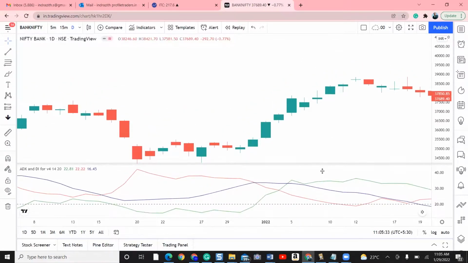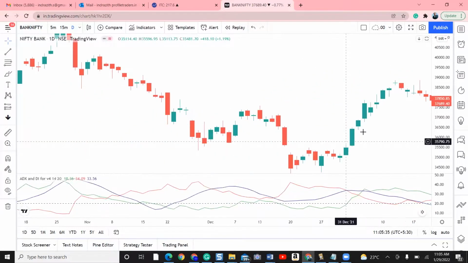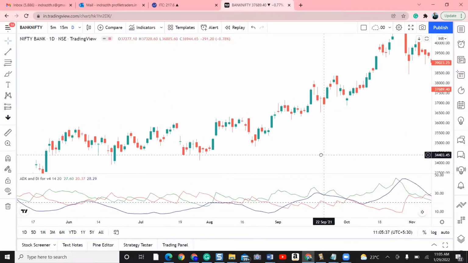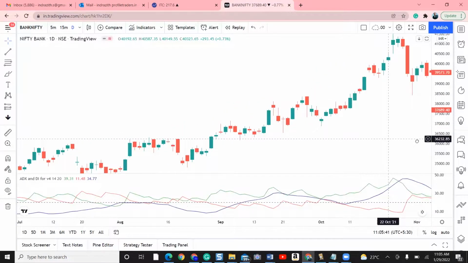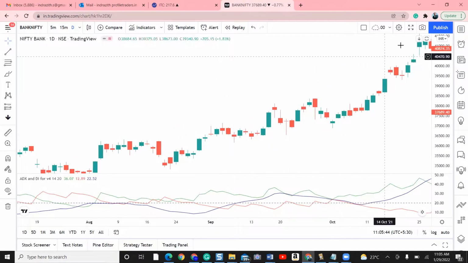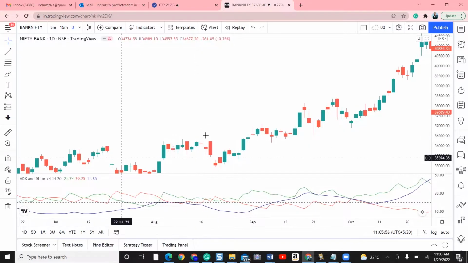Now let's see a couple of examples so that you will understand it in a better way. Just observe the price information from here to here. From the price chart, it is clear that the price is in a clear uptrend. Can you see here from ADX, it started coming up from here because till here it was in sideways mode.